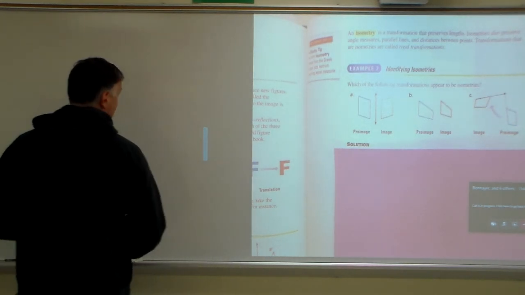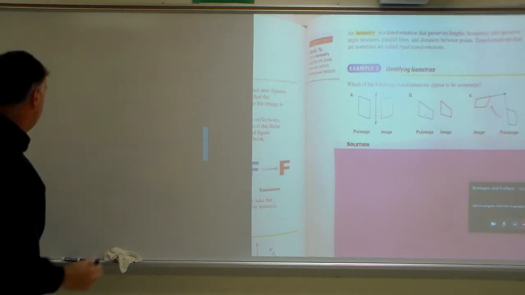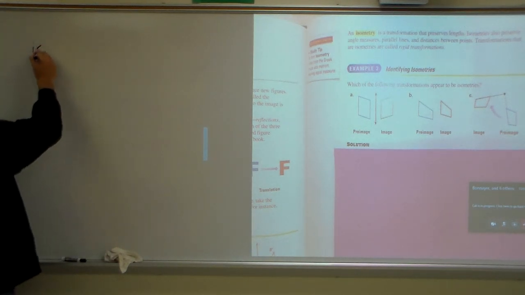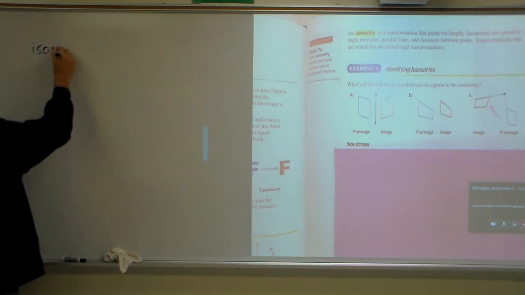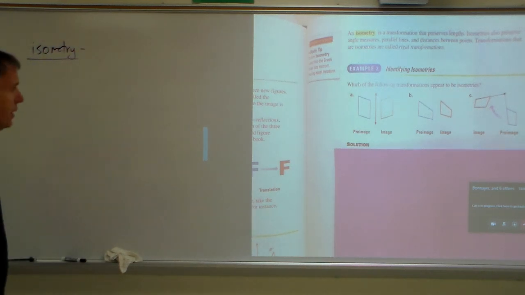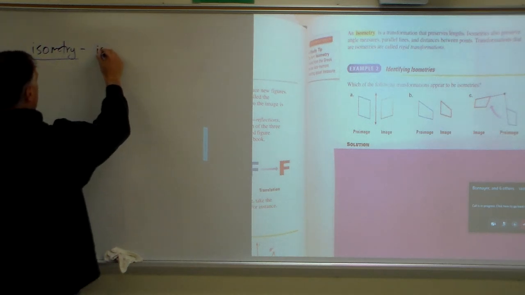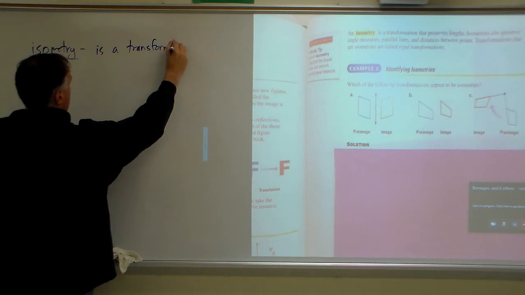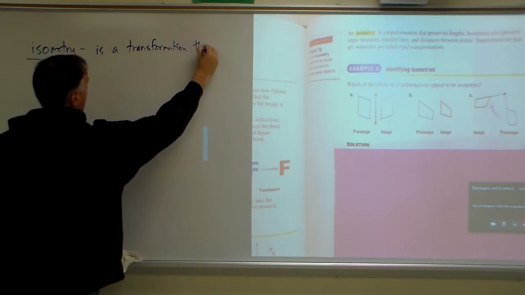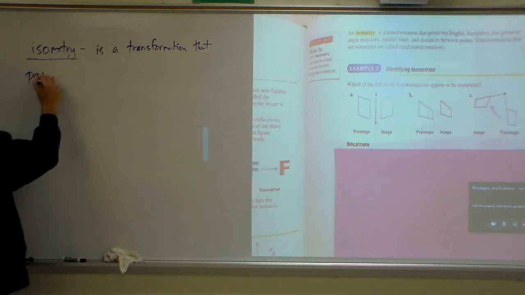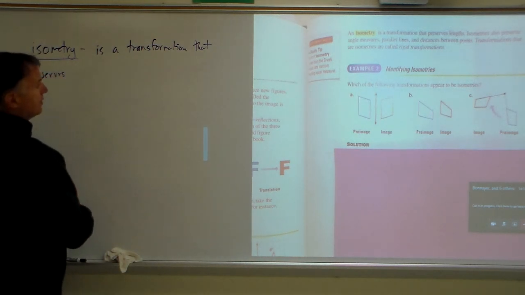The next thing is this thing that's an isometry. I've got the definition on the board. I'm going to write it up here because I don't know that you're going to be able to see that. Isometry. And here you'll be able to see it better. So this is a transformation that preserves lengths.